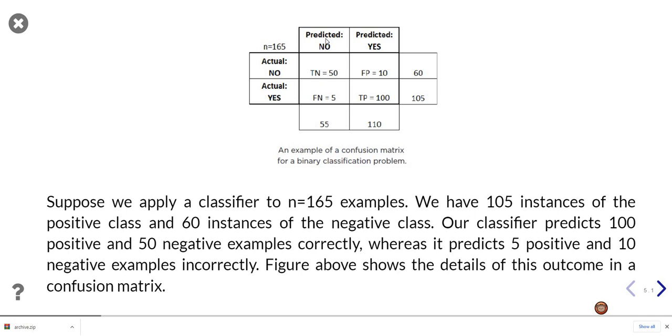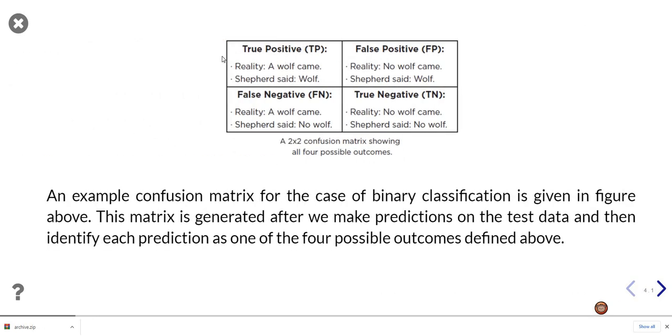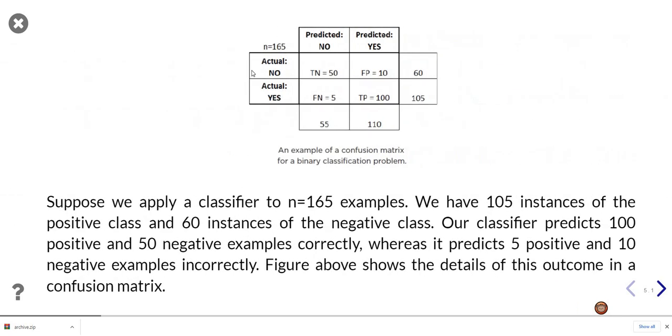So you can define however you want also. So let's say the actual no, actual yes, right? So take note that not necessarily, because in our earlier example we saw that true positive must be on top, negative must be below. It's not necessarily in that order.